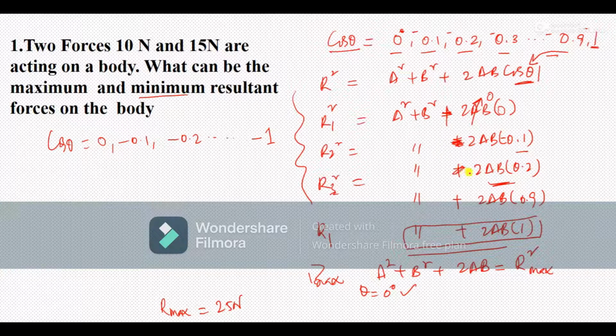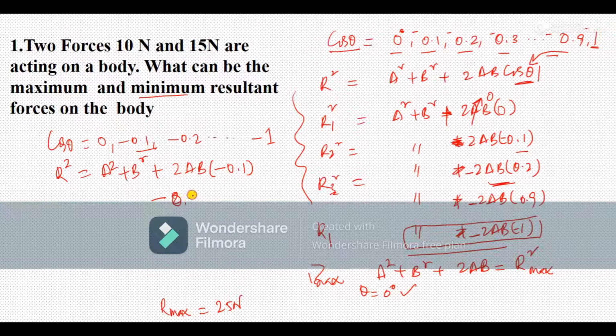So R squared will be equal to A squared plus B squared plus 2AB cos theta; if we take minus 0.1, this becomes minus 0.2AB, right? A squared plus B squared.